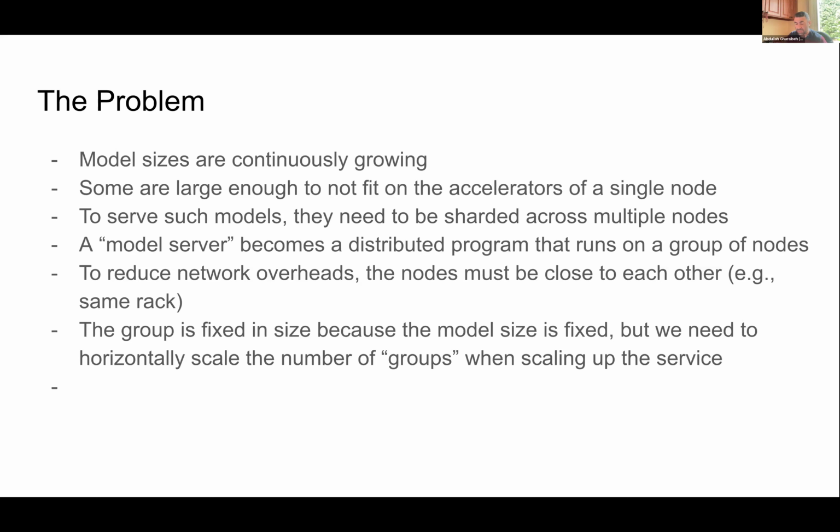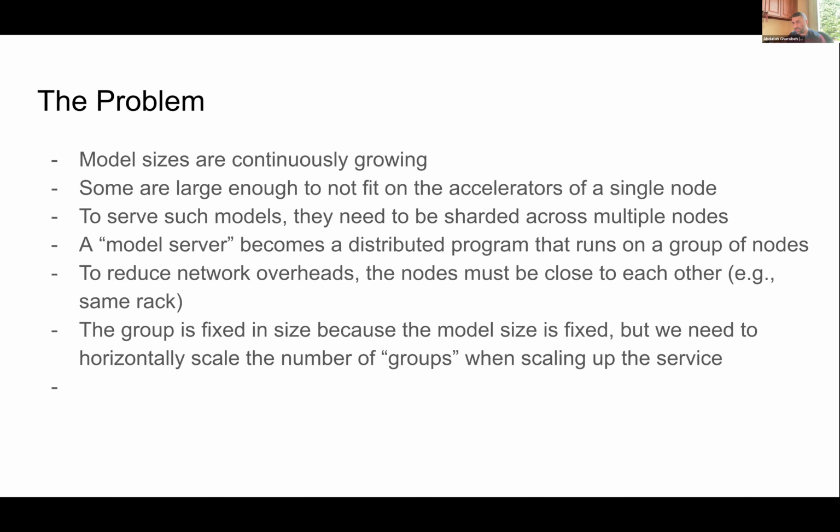So another requirement is not just the mechanics to shard the model across multiple nodes, but also to make sure that those nodes are co-located. You can imagine within the same rack, and if you're familiar with TPUs, within the same TPU pod.